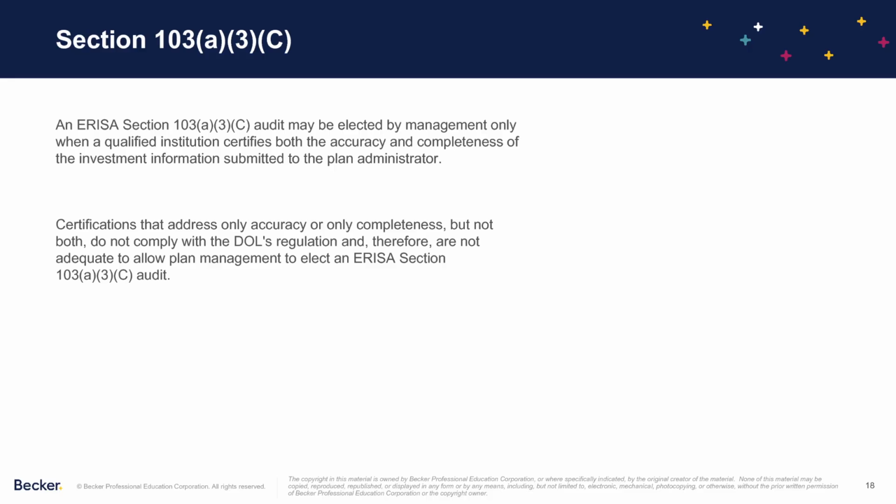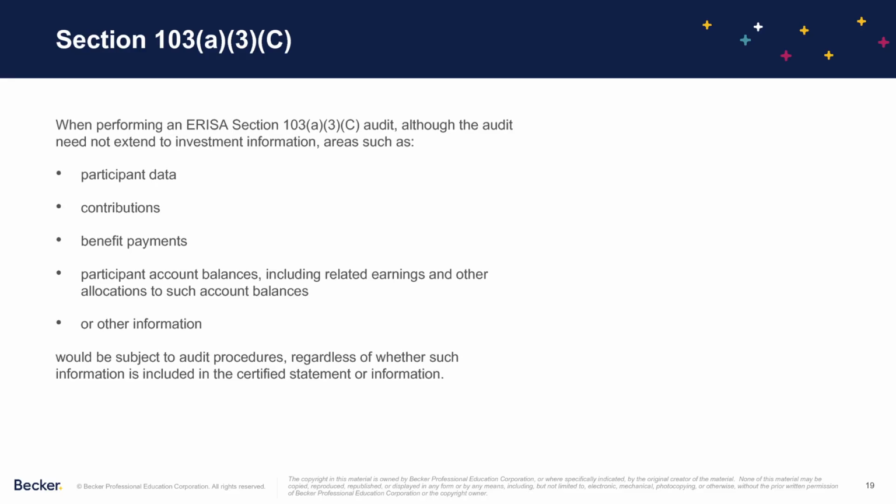So what happens here? When management does elect a 103(a)(3)(C) audit, the audit is not extended to any statements or information related to assets that are held for investment of the plan, right? They're typically going to be held by a bank or similar institution, or even sometimes an insurance carrier that is regulated and supervised by typically a state or federal agency.